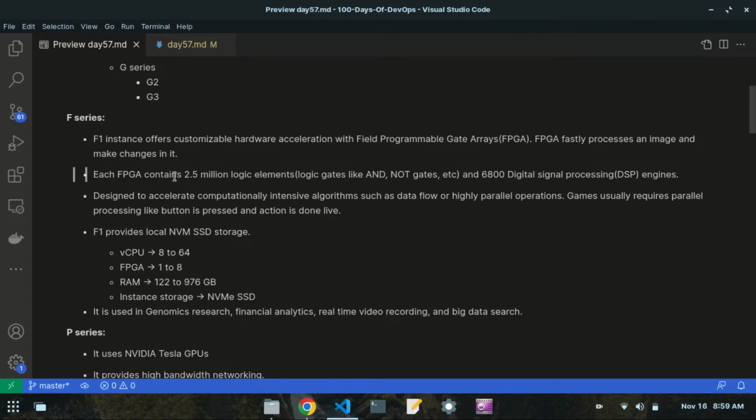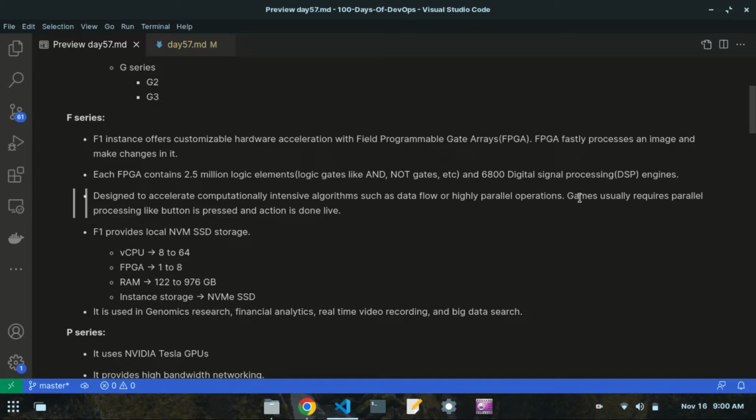Each FPGA contains 2.5 million logic elements, meaning logic gates like AND or NOT gates, etc., and 6,800 digital signal processing engines or DSP engines. It is designed to accelerate computationally intensive algorithms such as data flow or highly parallel operations like games.